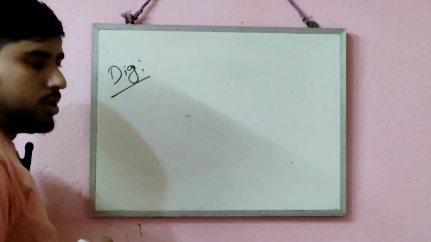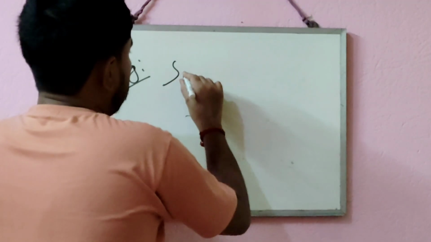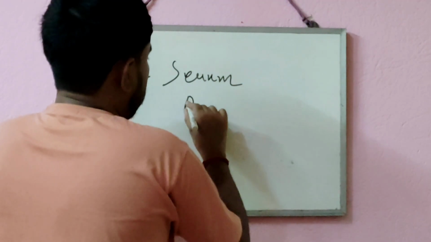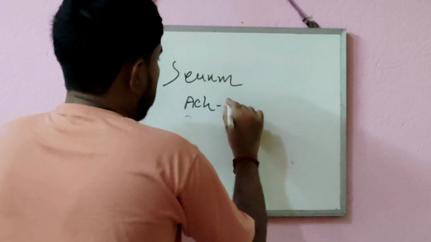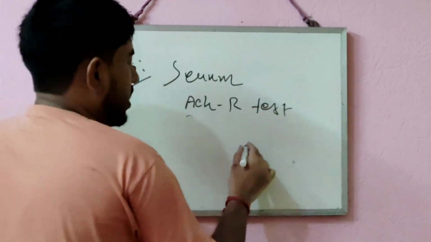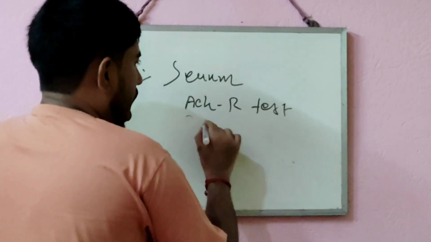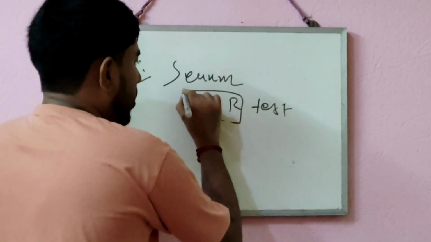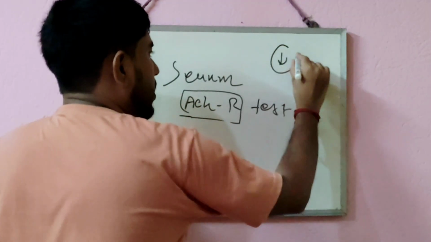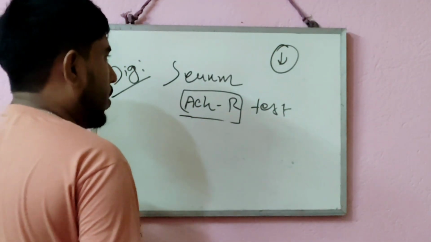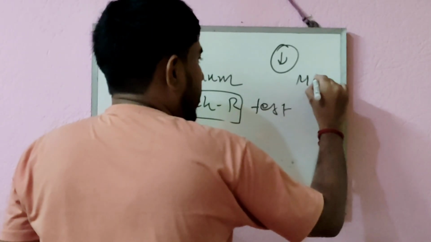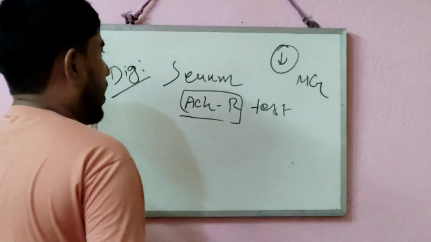What is the diagnosis stage? That is called the serum acetylcholine receptor test. By that you can understand how many acetylcholine receptors there are in our serum or blood. If that amount is less than the normal amount, then you can tell that the person is suffering from myasthenia gravis.